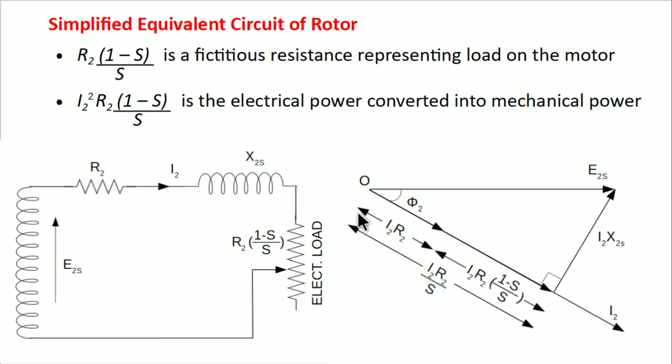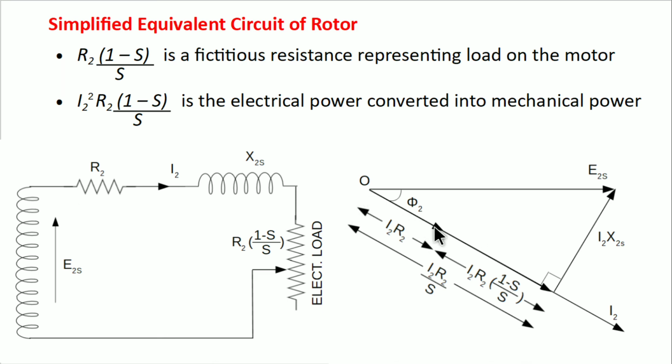Now the reactive drop in the reactance of the rotor is always at an angle of 90 degrees to the current. So at 90 degrees, we can draw this vector, which is I2 into X2S. The voltage drop in this resistance plus the voltage drop in this resistance plus the voltage drop in this reactance result in the induced EMF.